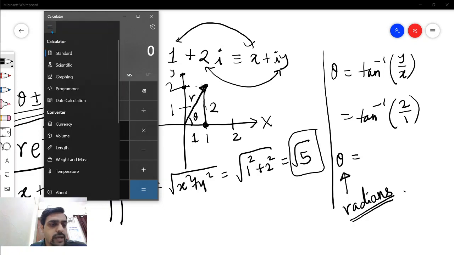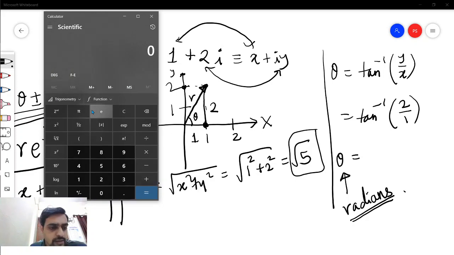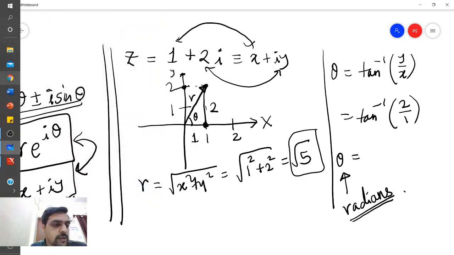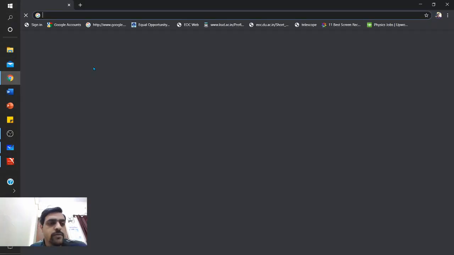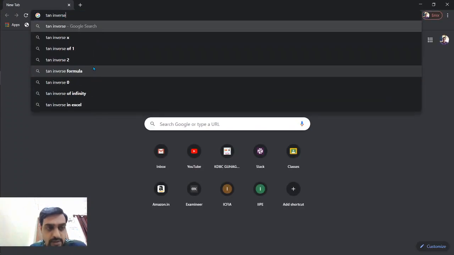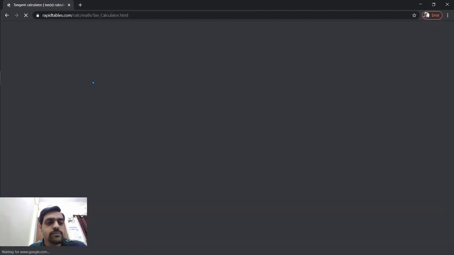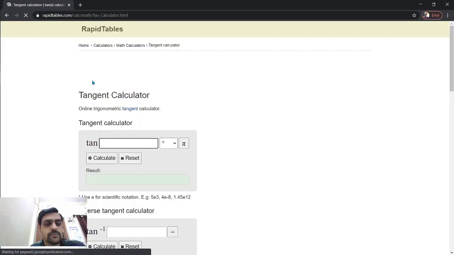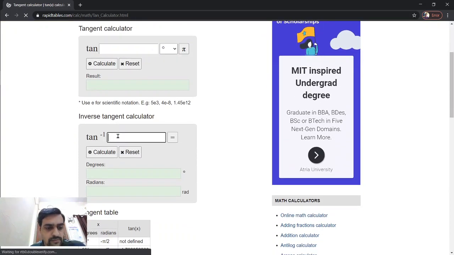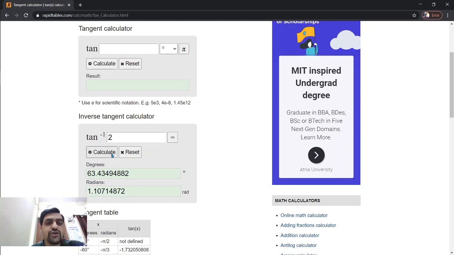We will need a scientific calculator for that. Tan inverse of 2 is 1.107 radian.